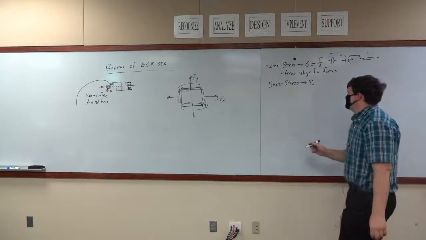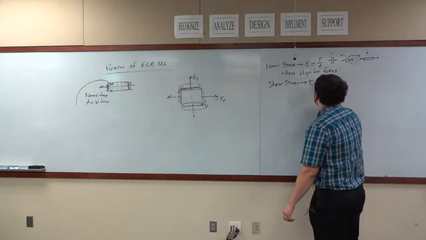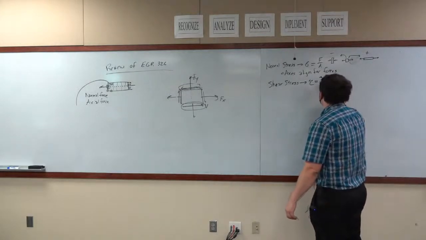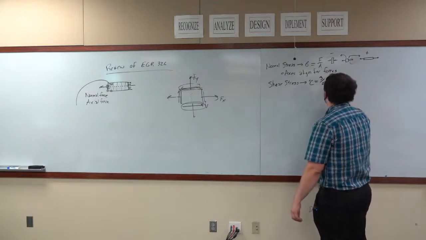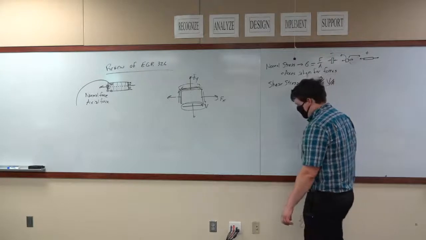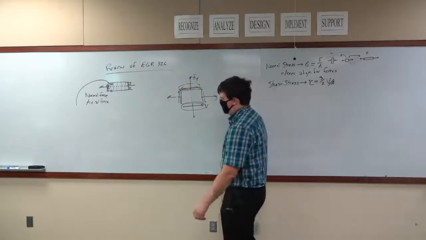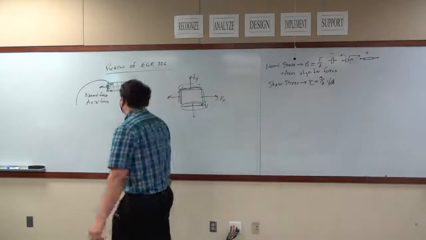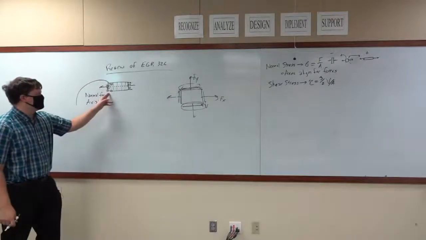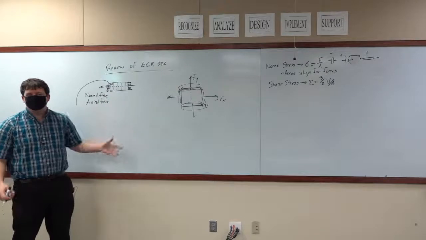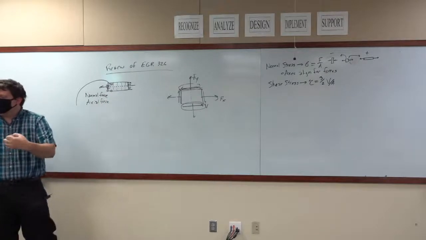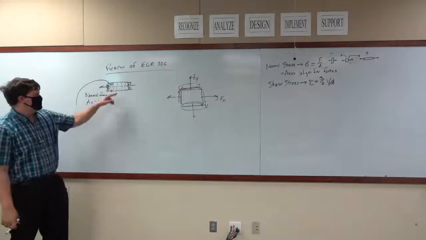For shear stress, what you have here is tau is equal to 3/2 V over A. Now, the reason why that is because here, when we exert a force on this side and we exert a force on this side, all of the molecules really nice and neat carry that load between each other from top to bottom.